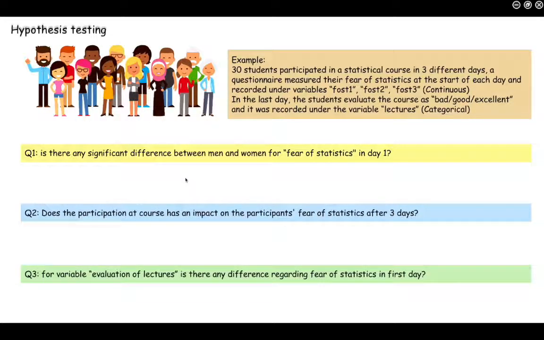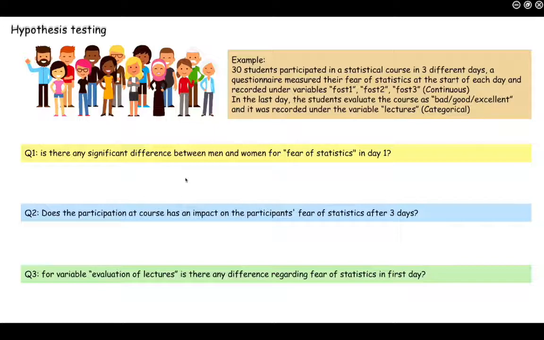And the last question is for the variable evaluation of lectures, as you see here with bad, good, and excellent: is there any difference regarding fear of statistics in the first day or not?